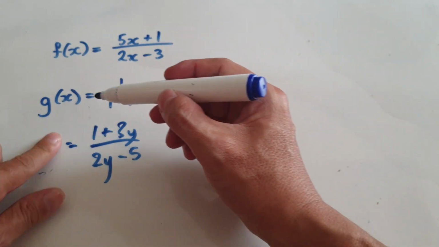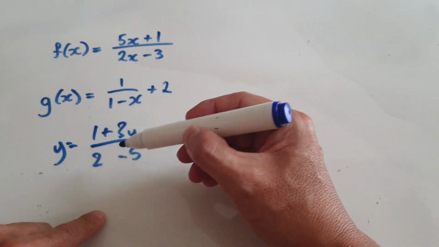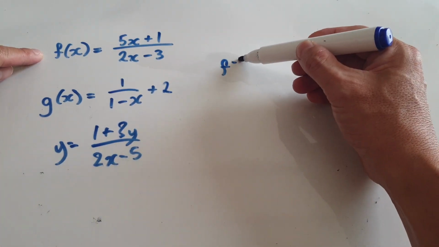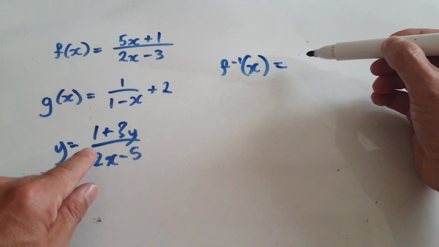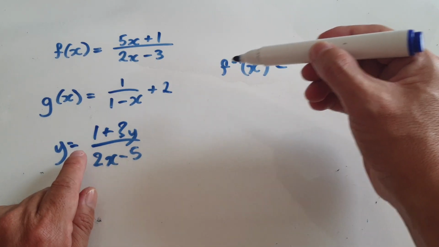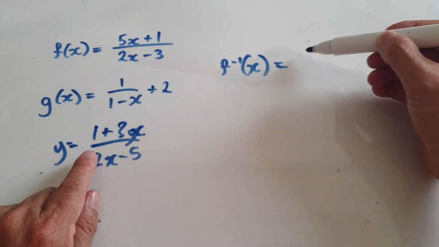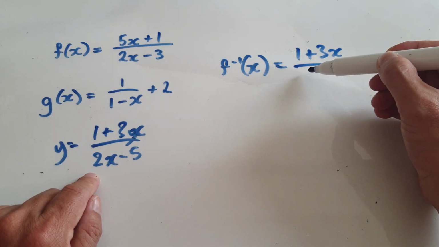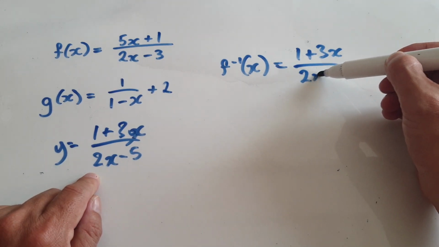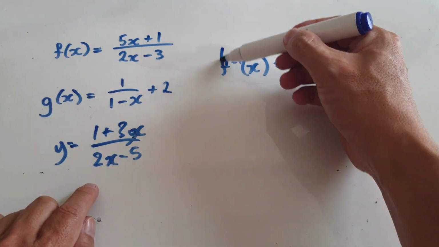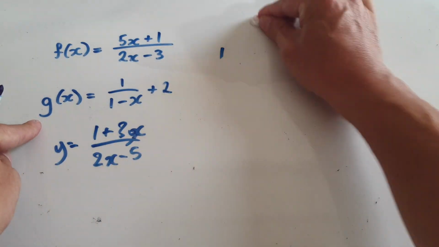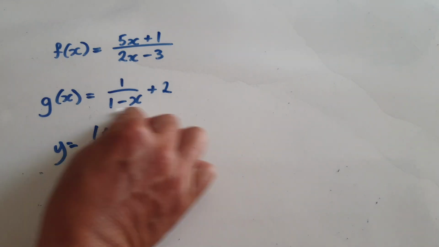So our inverse function would be 1 plus 3x over 2x minus 5.